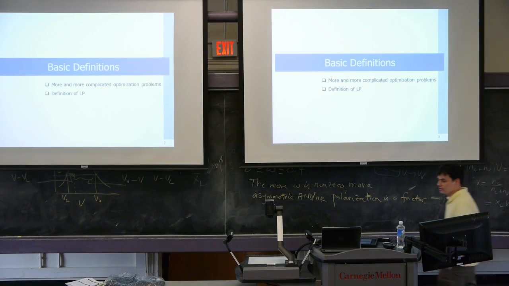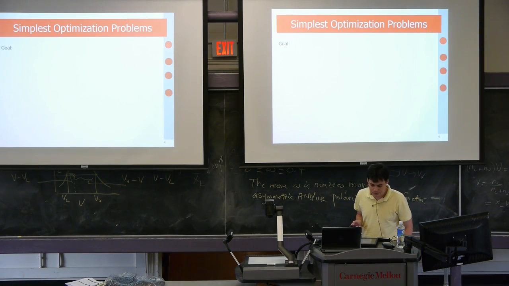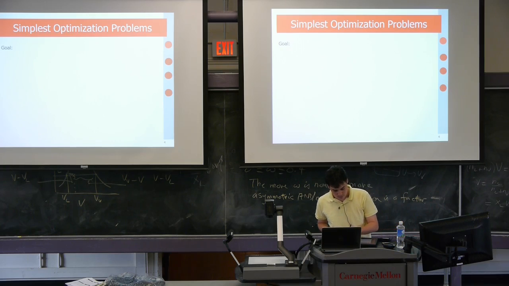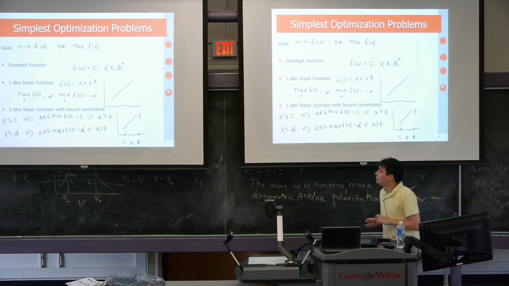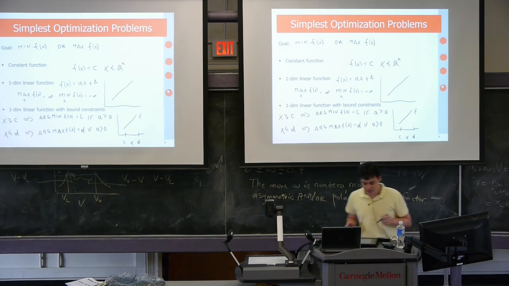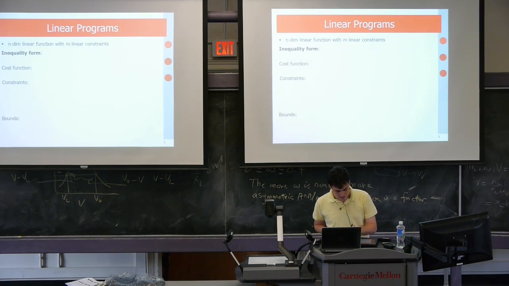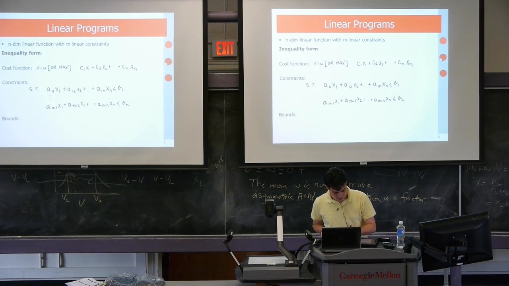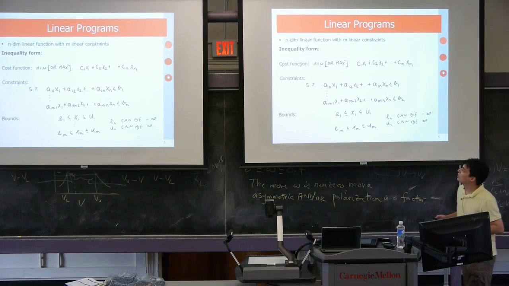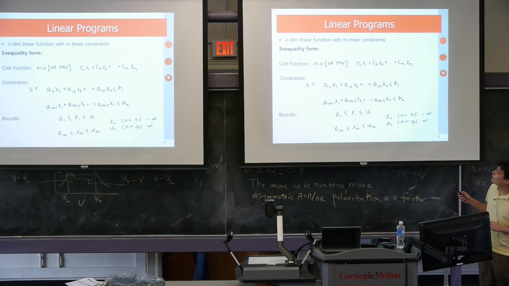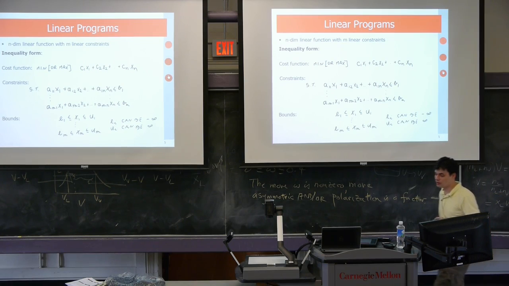So last time we discussed a few basic definitions. We defined optimization problems, and we were just discussing how to optimize one-dimensional linear functions, and then we continued with the generalization of these problems, and we defined linear programs where we have a linear cost function and m constraints and some constraints on the bounds as well.